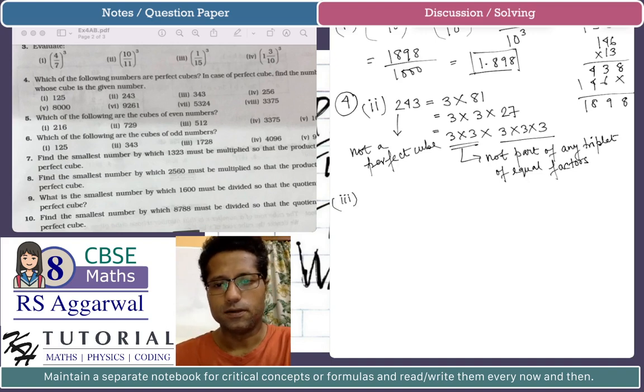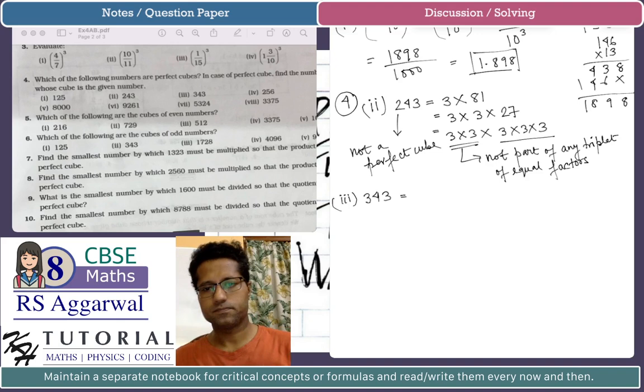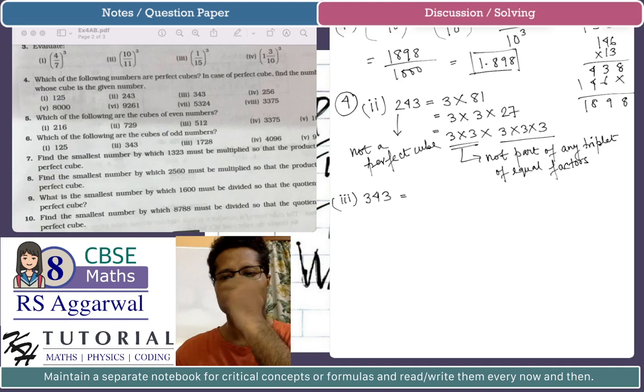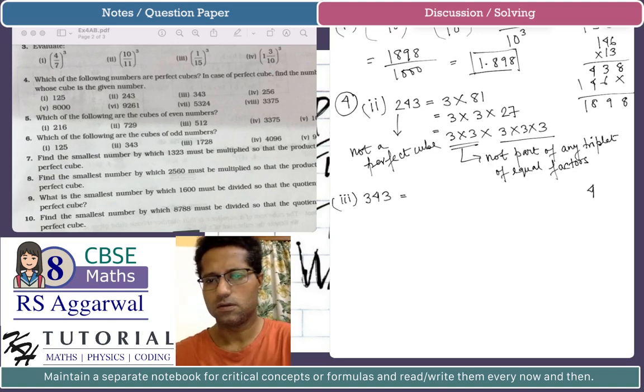Next, it is 343. This is, I guess, a perfect cube, but I'm not sure. It divides by 7. 49 is 7 square. 49 multiplied by 7 is 343.